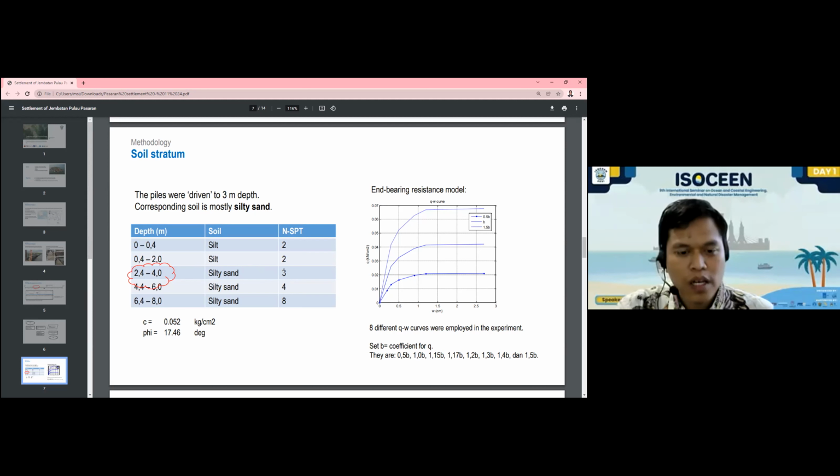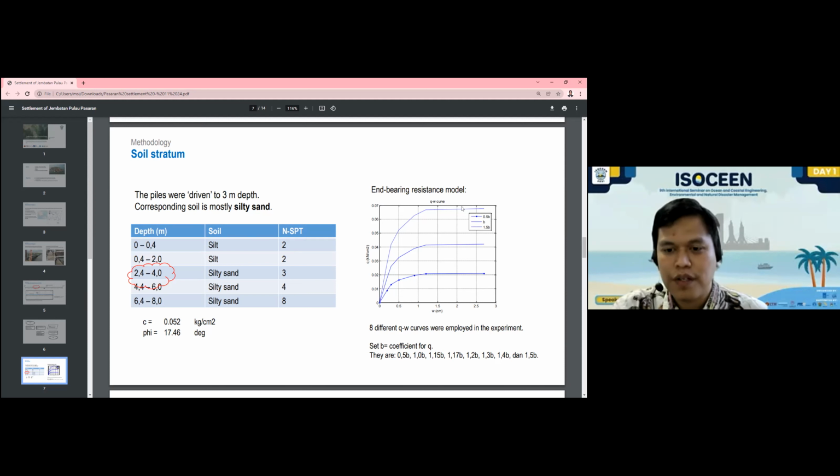And from soil laboratory tests, it is known that the corresponding soil has cohesion C of 0.052 kilogram per centimeter square, and phi, the internal friction angle, is equal to 17.46 degrees. From this condition of soil and the geometry of the pile, we then generate this kind of curve.